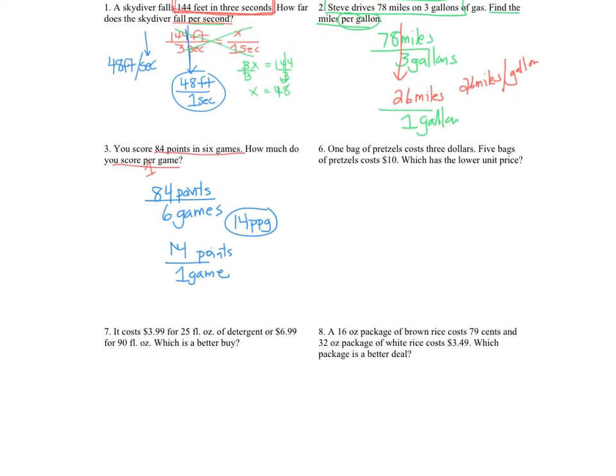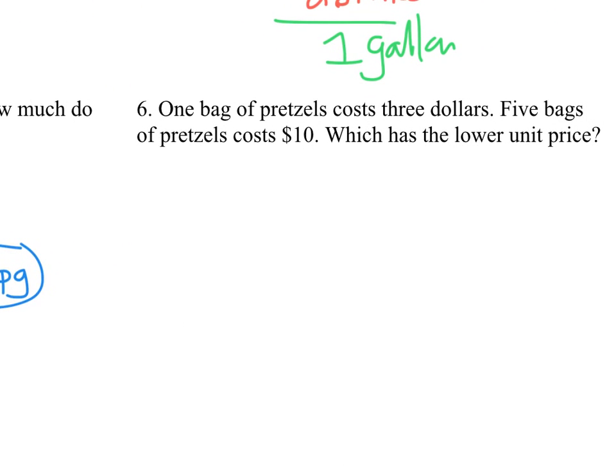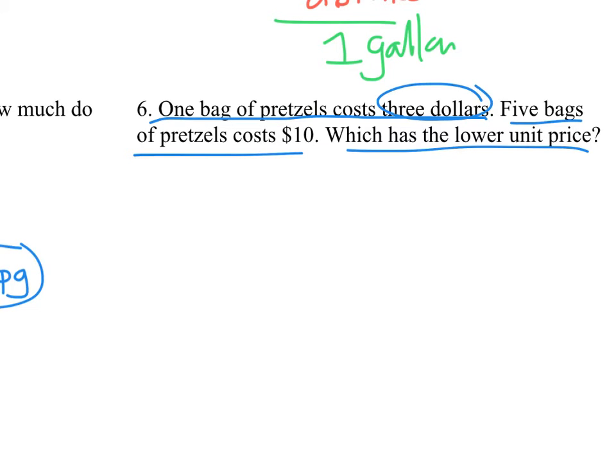Okay. Here we go. 1 bag of pretzels costs $3. 5 bags cost $10. Which has the lower unit price? So we have a $3 bag and we have a $10 bag. We want to know which one has the lowest price.